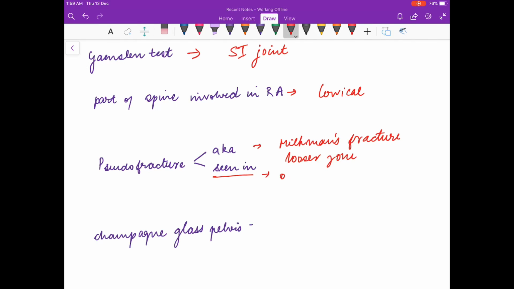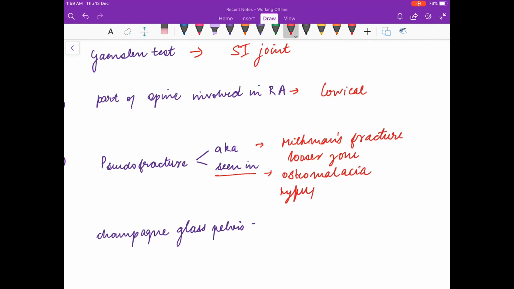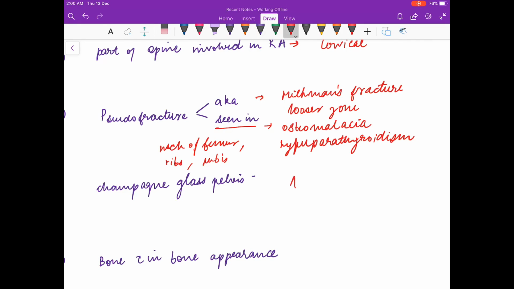It is seen in osteomalacia, hyperparathyroidism, and it involves neck of femur, ribs, and pubis.